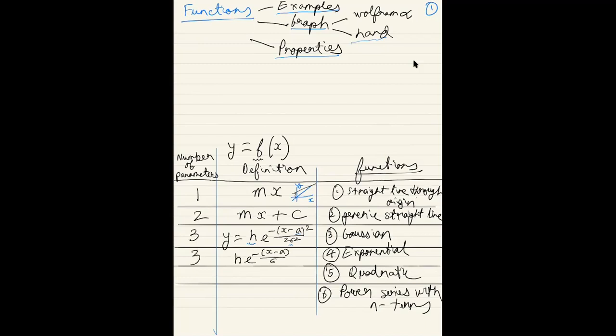A quadratic is ax squared plus bx plus c. Easy to see that the number of parameters is again 3. It does not mean every function in the world has 3 parameters. A generalization of a quadratic is a power series with power n.